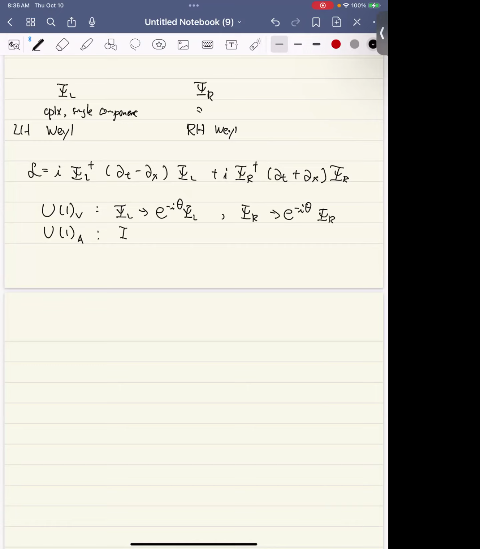And the axial one rotates the left-handed fermions and the right-handed fermions by the opposite phase. Okay, so the key point is that here is plus.